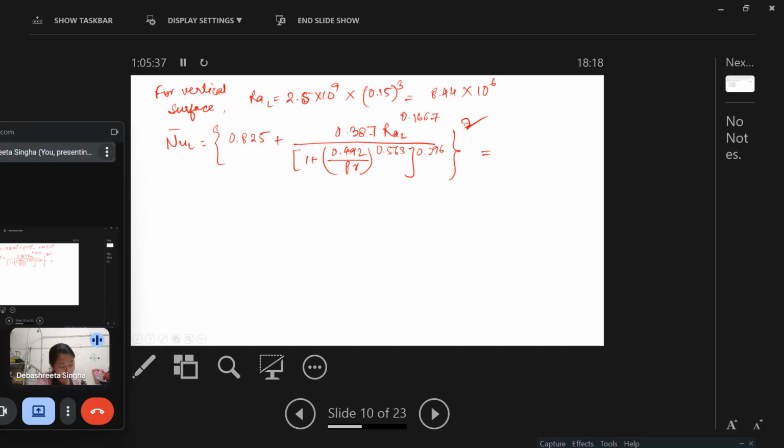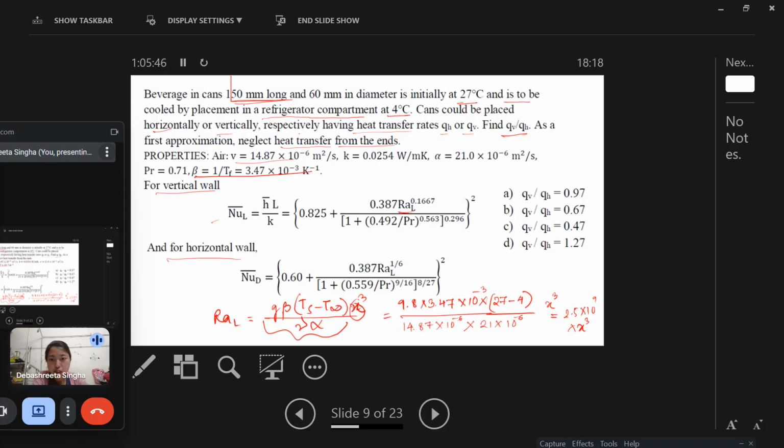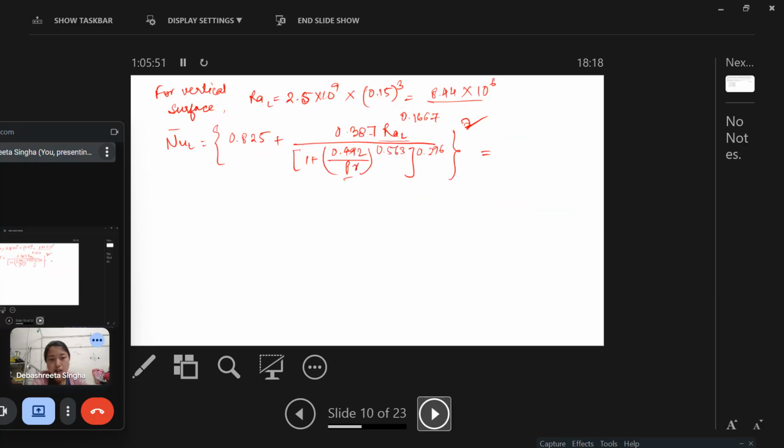Now if we substitute all these values, Rayleigh number and Prandtl number, what we get? Prandtl number is 0.71. For air, it is almost 0.7. So it's given 0.71. And the Rayleigh number we have already calculated here. So if we substitute all these values, we get the Nusselt number as 29.7.